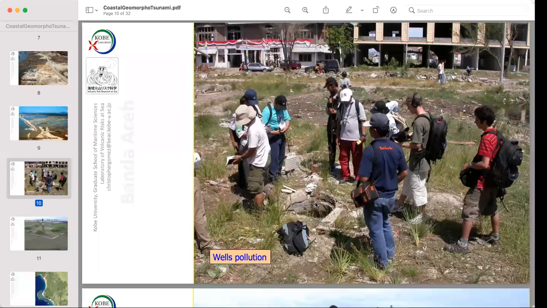So you have two impacts in terms of geomorphology. One, the modification of the ground surface, what you can see, and two, a modification of the underground. Things that you cannot see are being modified by the tsunami.